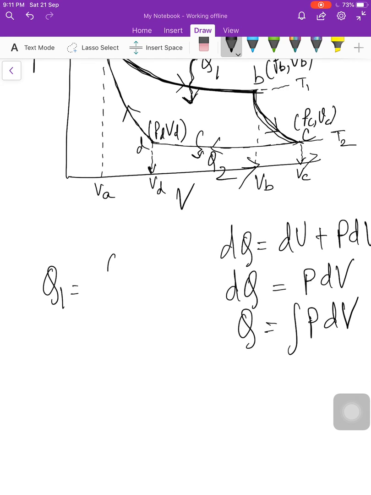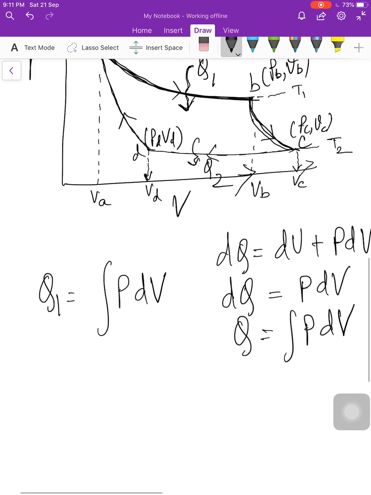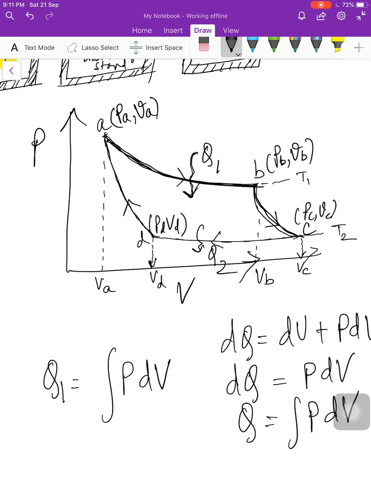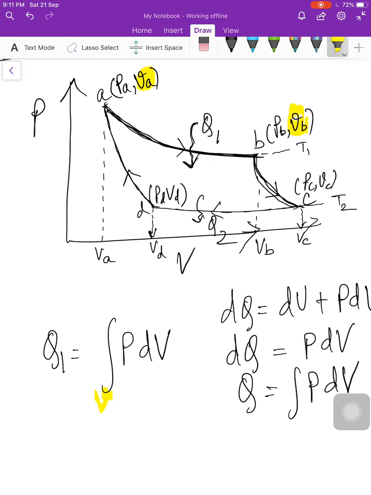So Q1 is the integration of PdV, where the volume is expanding, increasing from VA to VB. So let us calculate.